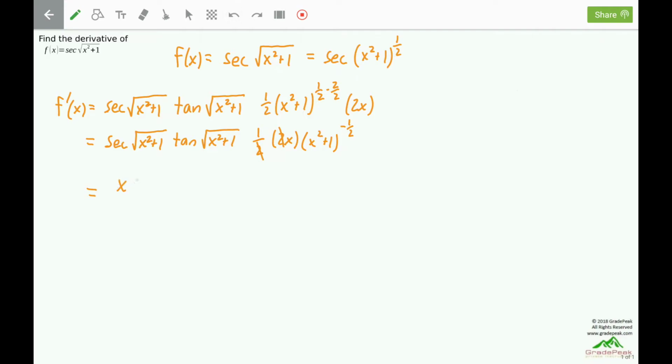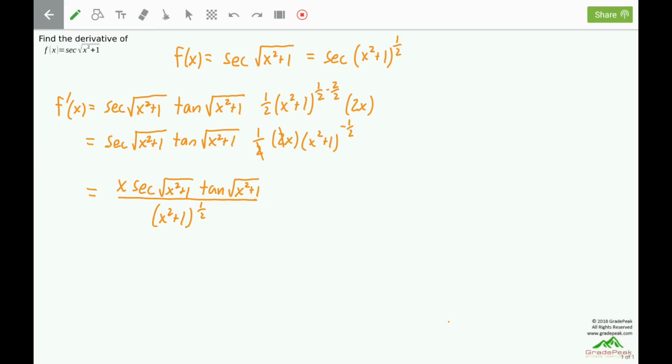Everything's multiplied in the numerator. So I'm going to have an x, a secant of the square root of x squared plus 1, the tangent of the square root of x squared plus 1, and then all of this over, moving the negative exponent to the denominator, x squared plus 1 to the positive 1/2.